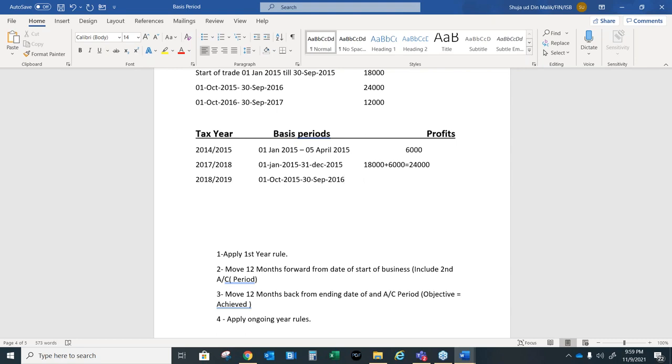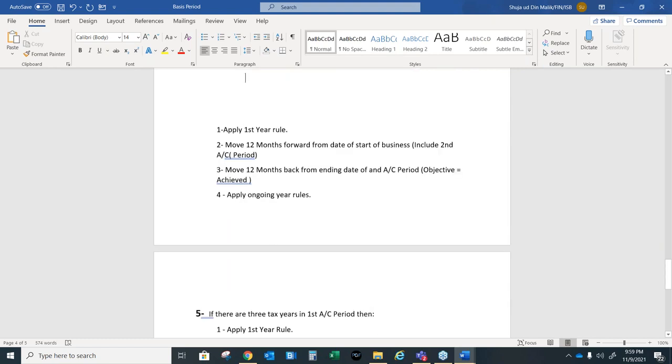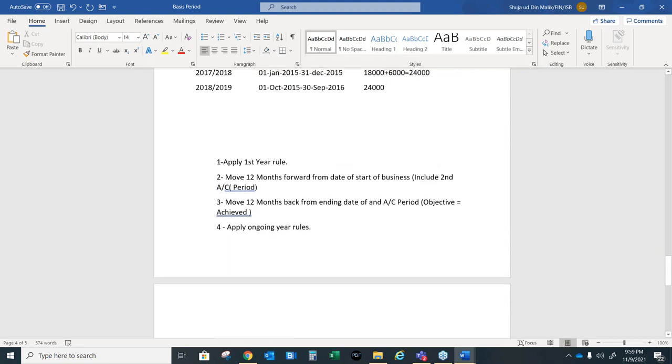Any problems? This is exactly the same as our second accounting period. Hence, the profits will be the same. I will move it down so that you could see the screen. Okay, it is 24,000. Any problems till now?